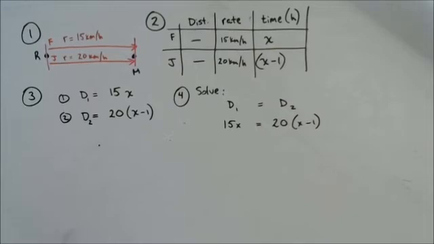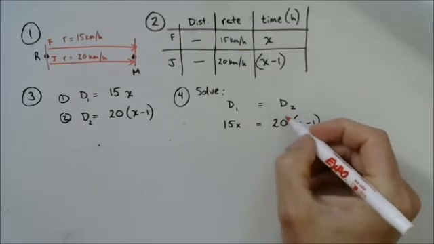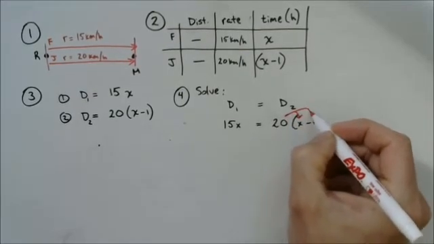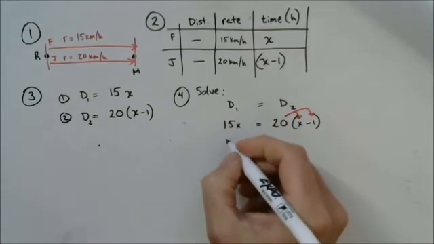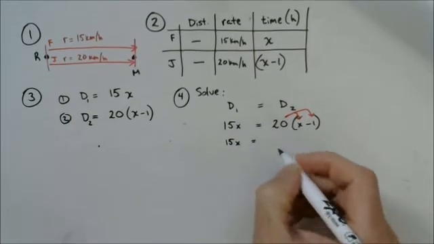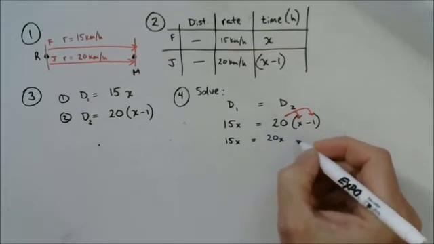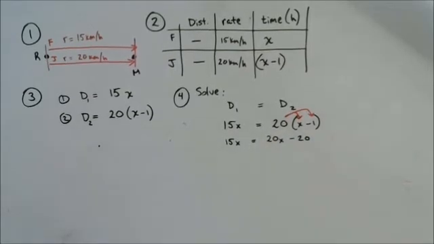And now we're back at our basic algebra skills, solving equations for the variable x. My first step is going to be to distribute the 20 to both terms in the binomial. Left side is not going to change. Right side, we're going to now have 20x minus 20.